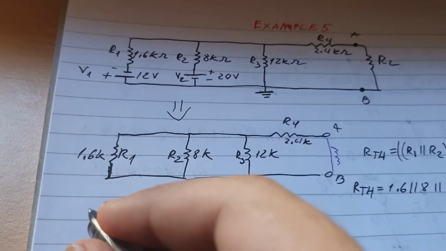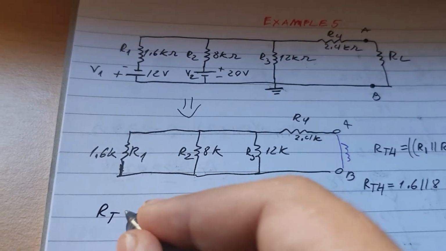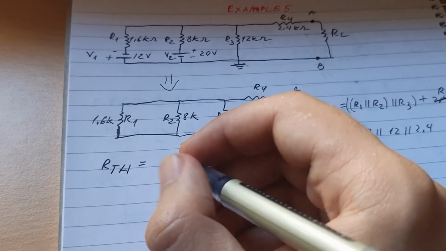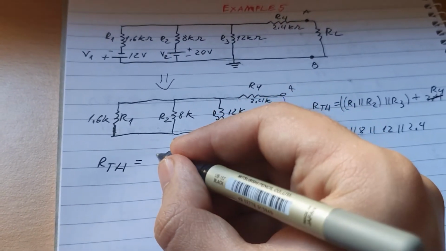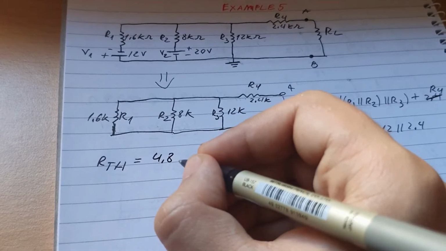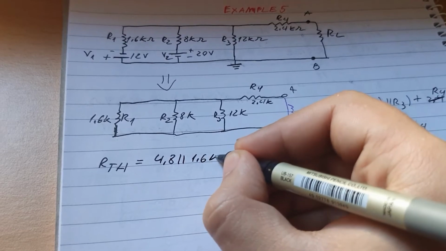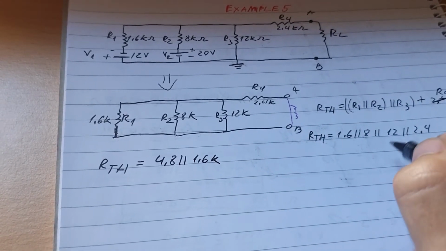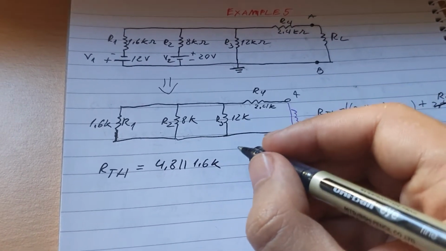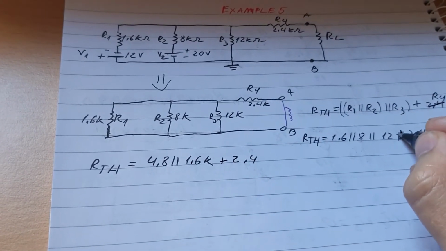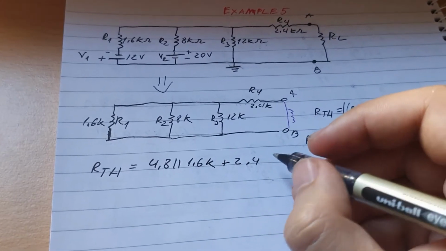All right, so let's keep going. RTH is equal to, let's see, 4.8 in parallel with 1.6k, and then plus 2.4. This was supposed to be a plus actually. There you go.